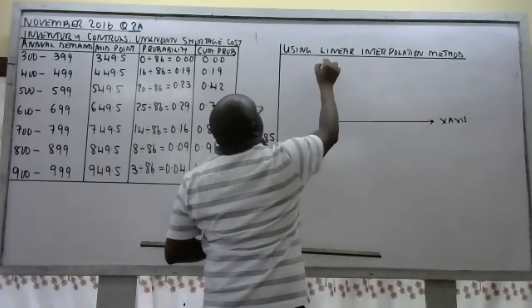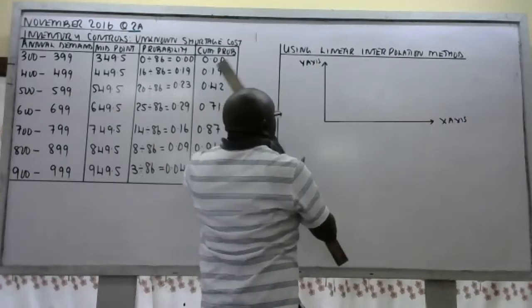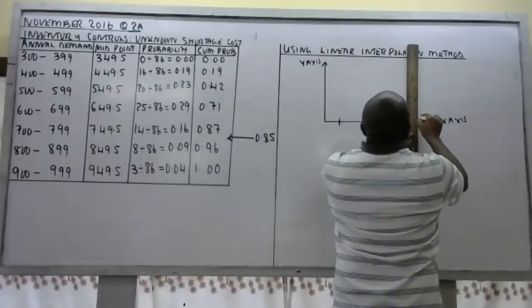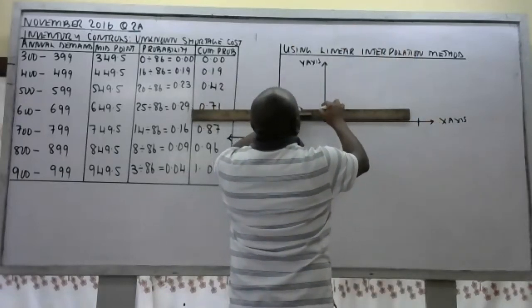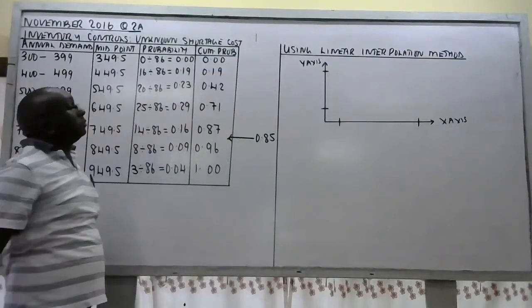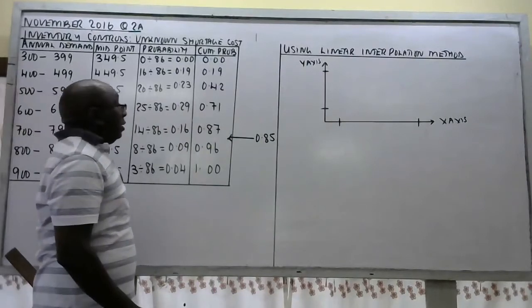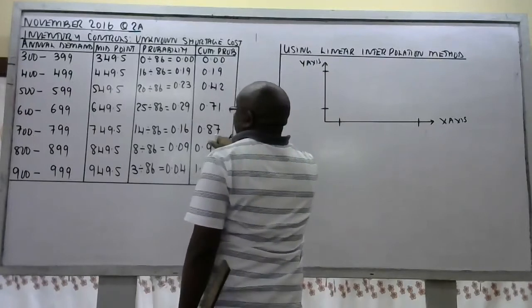This is x-axis. This is y-axis. Then you mark the lower point here and the upper point here. The same thing you do here, the lower and the upper. So the lower here is at 87.